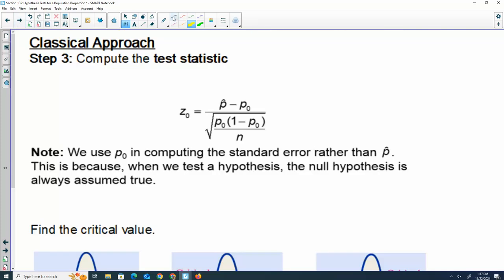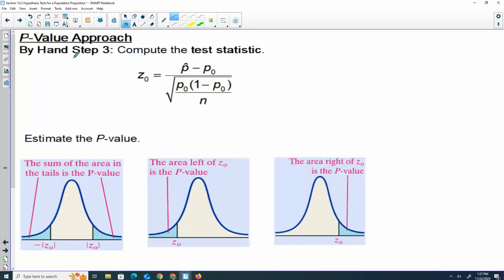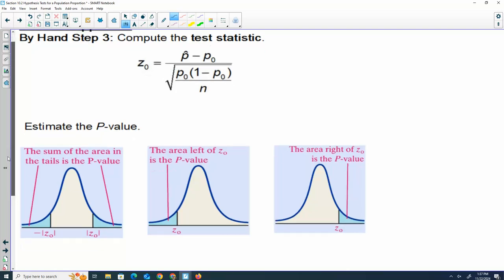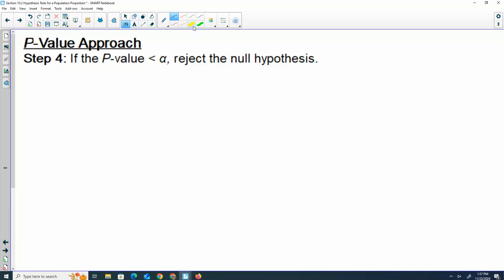So on here, I put the classical approach, but we are not doing that. We're just going to do everything with the p-value approach. So you can skip those two slides. So by p-value, we'll get our z, find the probability, and if p is less than alpha, we reject. That's the big thing, knowing when you reject, if your probability is smaller than alpha.